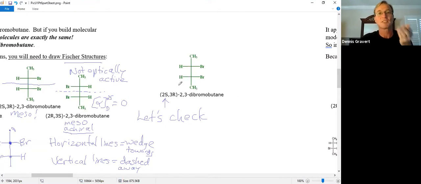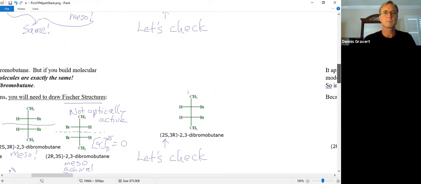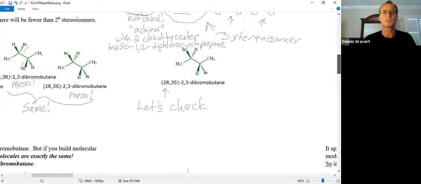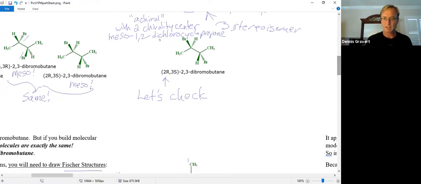But if I ask the question, okay, what's the stereochemistry of carbon number 2? Assign the configuration to carbon number 2. So in Fischer, carbon 1 is on top, so here's 2. Turns out that's going to be S. Let's back up one step. In a previous video, we did discuss how to assign configuration.